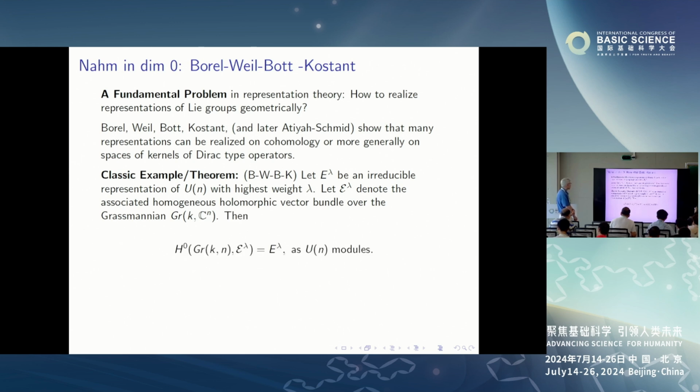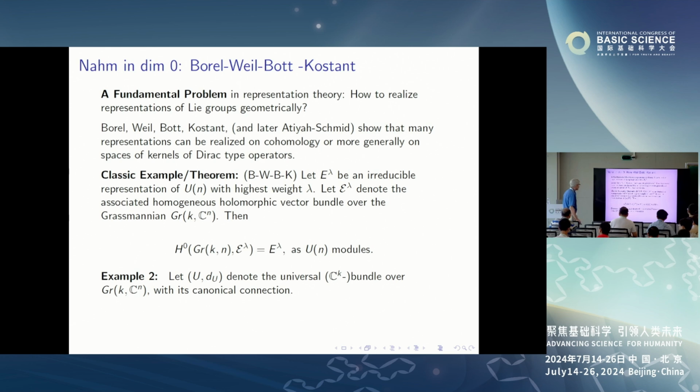And then if you look at the sheaf cohomology in degree 0 of the Grassmannian with coefficients in this homogeneous holomorphic vector bundle, then you get back the original vector space you started with, E_λ. And this equality is not just equality of vector spaces, so it's not a dimension statement, but it's equality of U(n) representations, so U(n) modules.